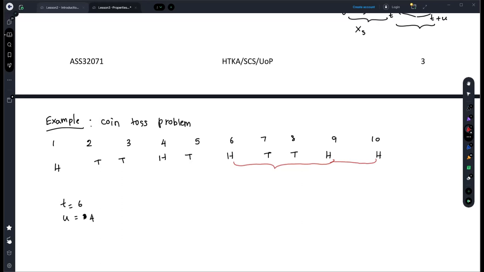Right, so shall we write the x values? X1 is 1, X2 is still 1, X3 is still 1, X4 is 2, X5 is 2, X6 is 3, X7 is still 3, 3, 3, 4, 5 heads, right? So we said 10.